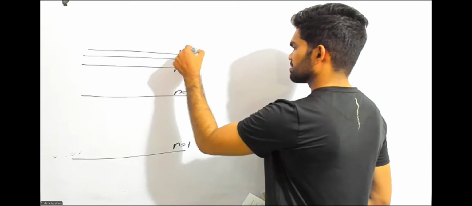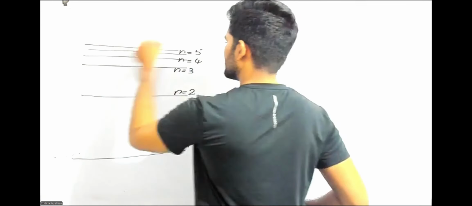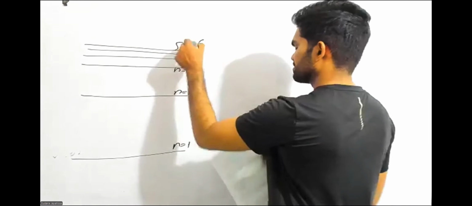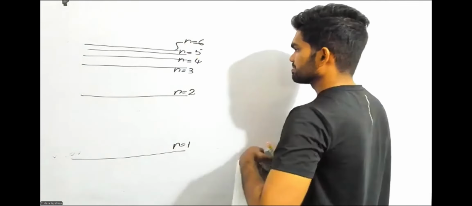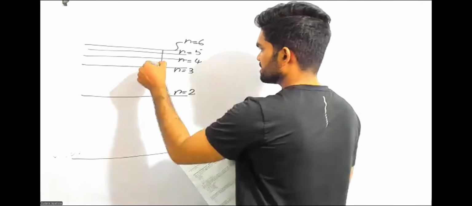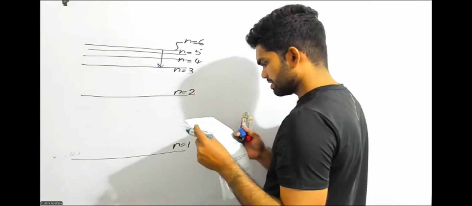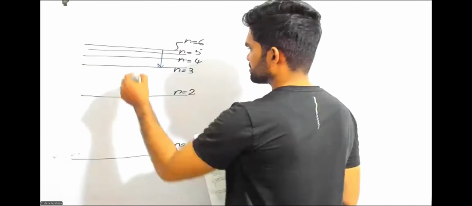We need one more, no? Let's say this is n equals 6. So 6 to 3, this is the transition, and 4 to 2.